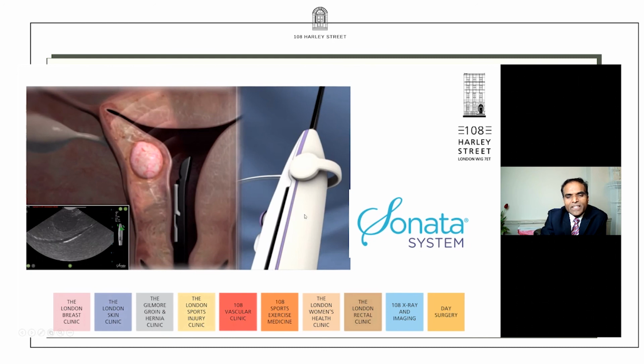This is an engaging system where the needles will be passed under ultrasound guidance and then release heat energy. So it's a more direct, guided treatment of heat energy to shrink the fibroids. It's done under sedation or general anesthetic as a day case.